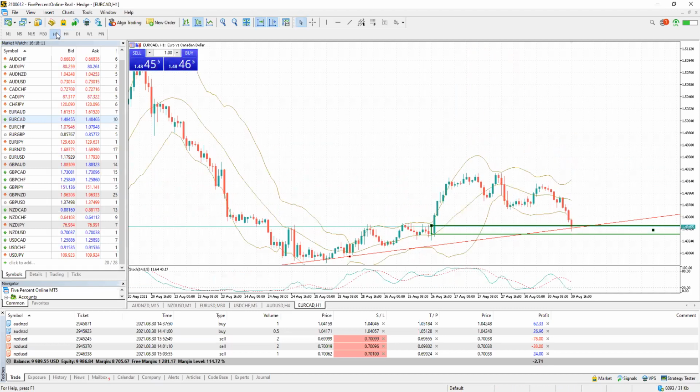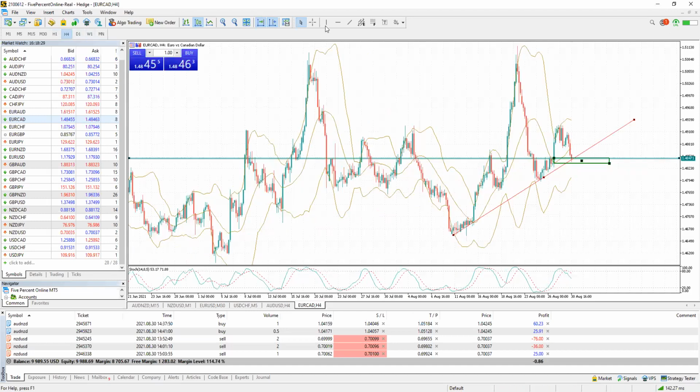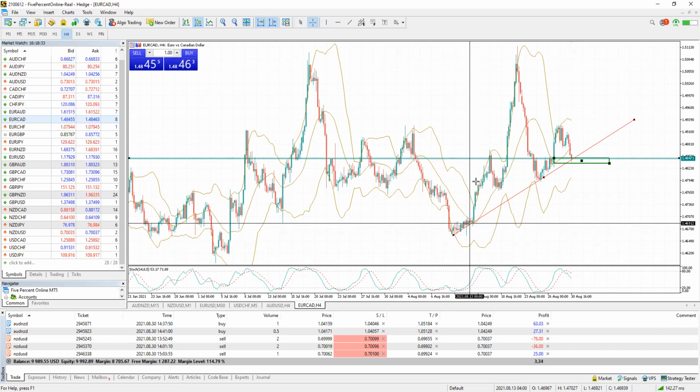And if I go to the H1, look what is good to see as well here. Okay, so there are multiple entries here to make a good long on a swing position. First of all, on the H4, you have this clear uptrend line where all the time we make a higher low.